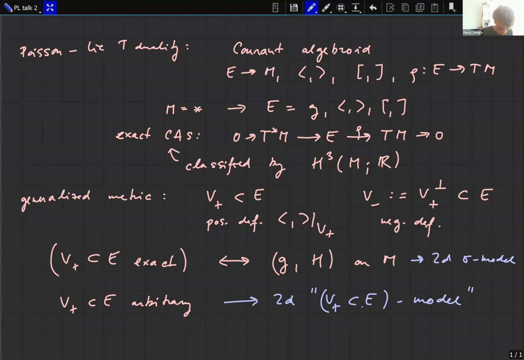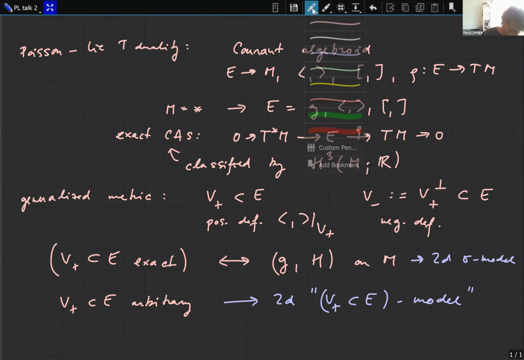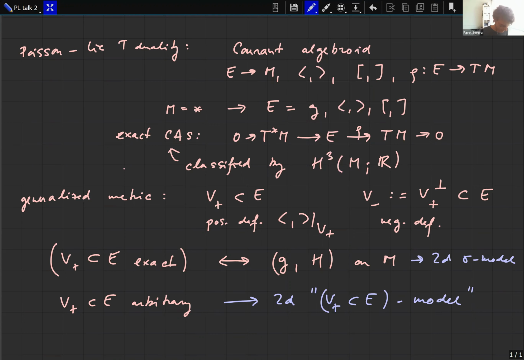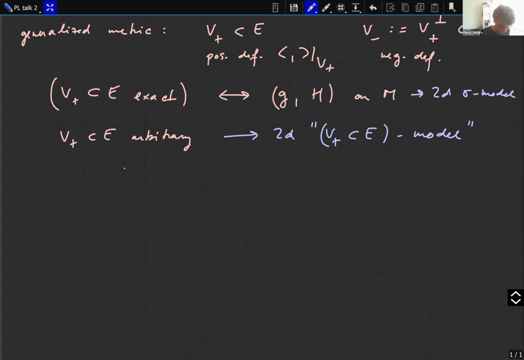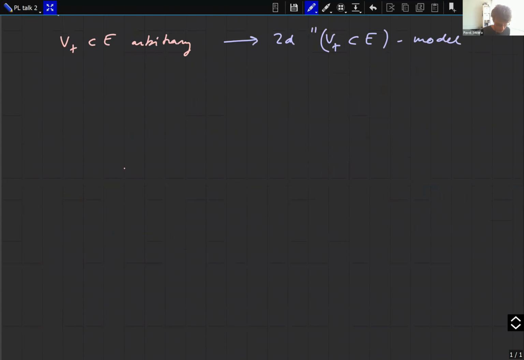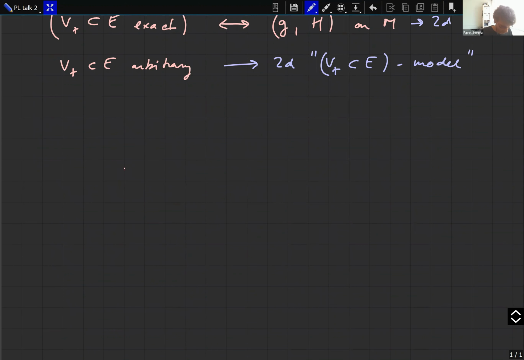But what is interesting at this point is just the fact that we can generalize two-dimensional sigma models to this more general setup of arbitrary Courant algebroids. And so now we're going to Poisson-Lie T-duality. So what is it? With all this knowledge, it's going to be something slightly stupid.